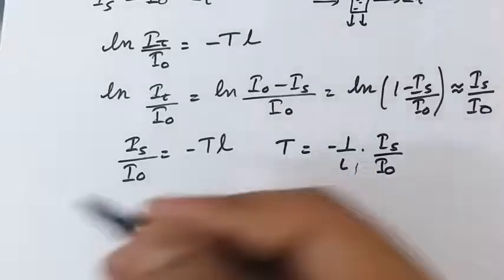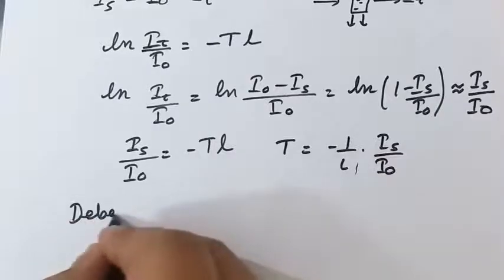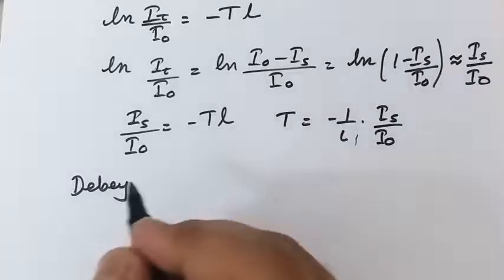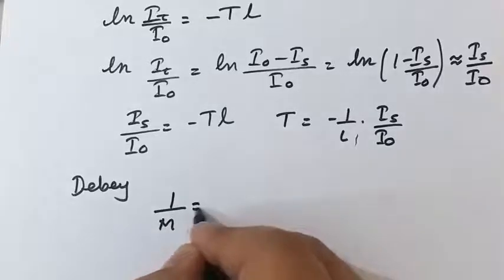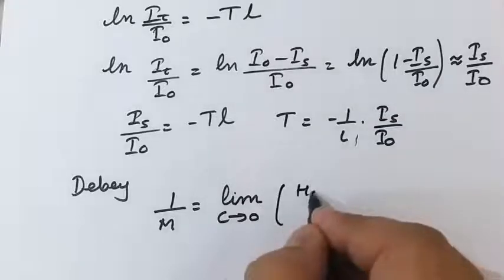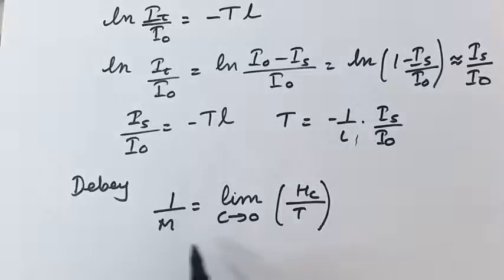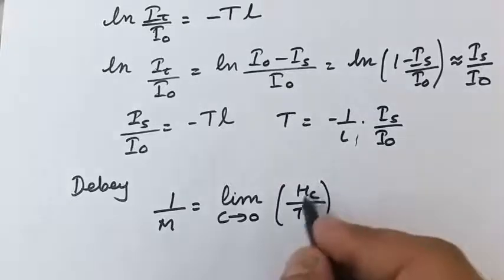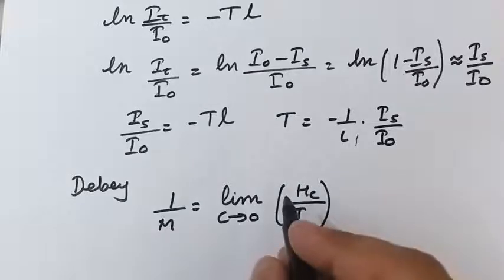We are not going into detail in the derivation, but we will directly see the expression. Debye showed that the turbidity of any sol is related to its molecular weight by the expression 1 by M is equal to the limit of c tends to 0 of Hc by T, where M is the molecular weight, H is the constant for a given polymer, c is the concentration of the polymeric solution, and T is the turbidity of that particular solution.